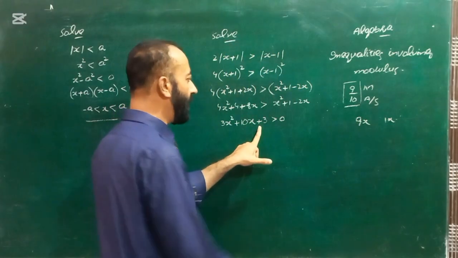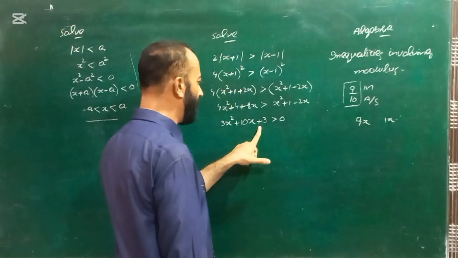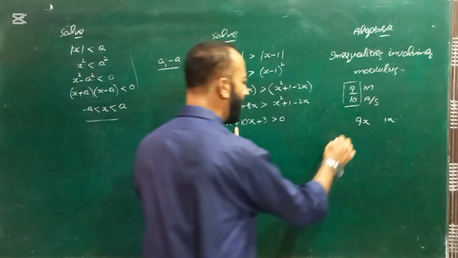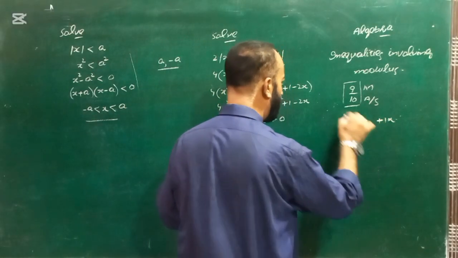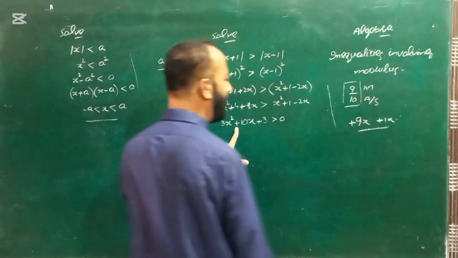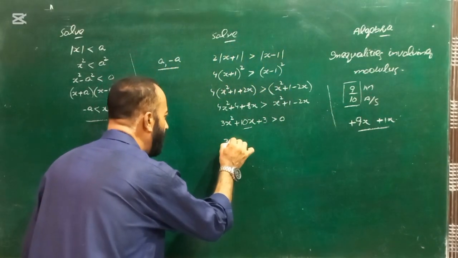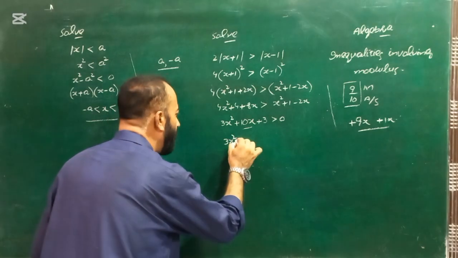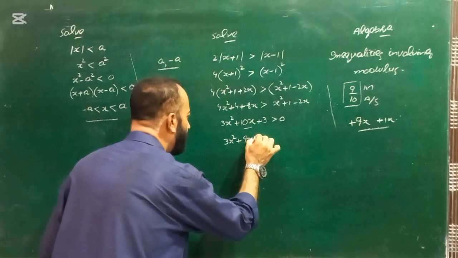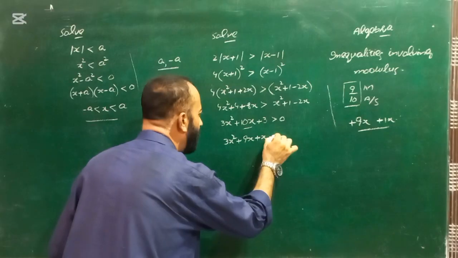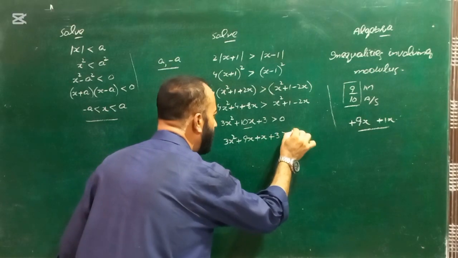This sign is telling us that both of these two values will have the same sign, and this is telling us that both will have plus signs. So write these two numbers in place of this central number. So 3x square plus 9x plus x plus 3 greater than 0.